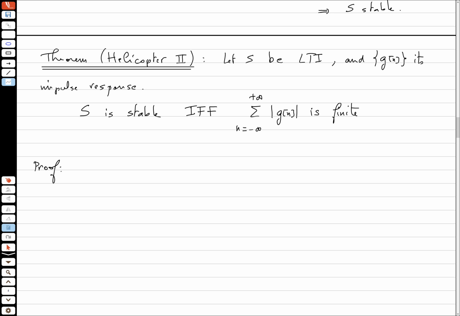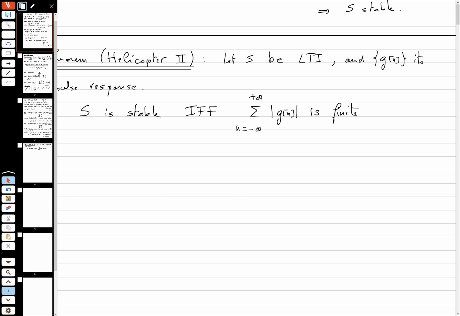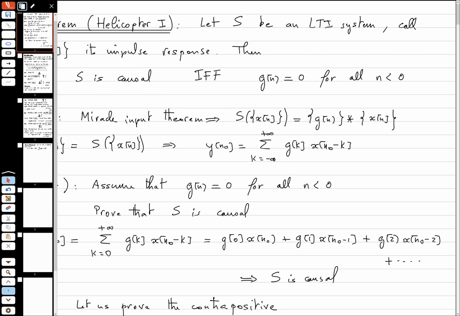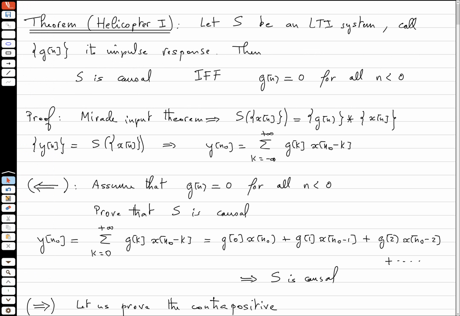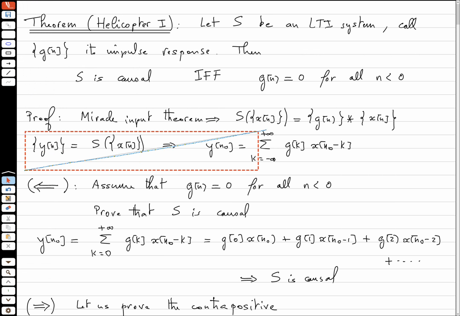So again, since the system is LTI, we can state right away that we have this.